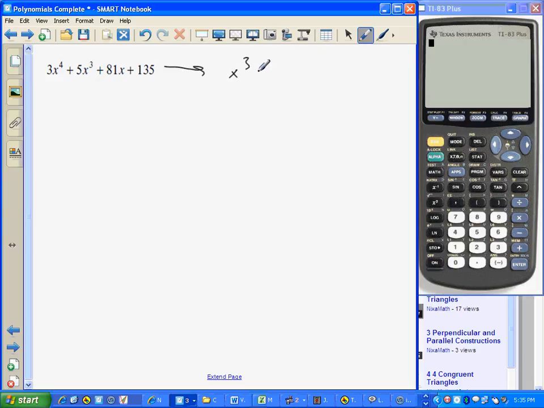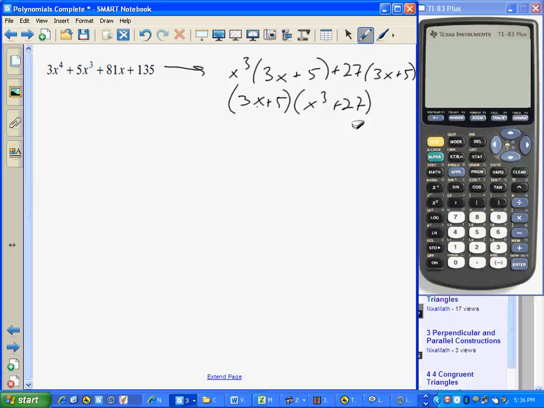So I could take x cubed out of the first one, which leaves me with 3x plus 5. I could take 27 out of the next one, which leaves me with 3x plus 5. So then I get 3x plus 5 times x cubed plus 27.